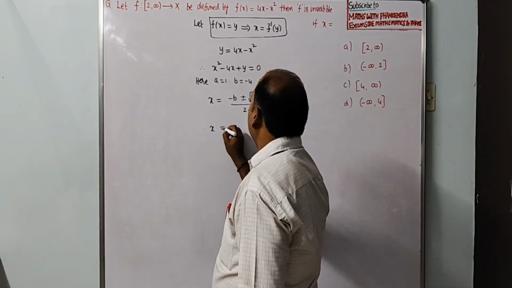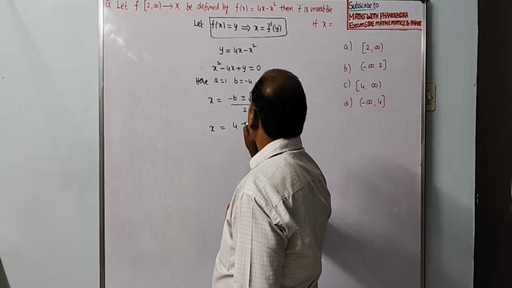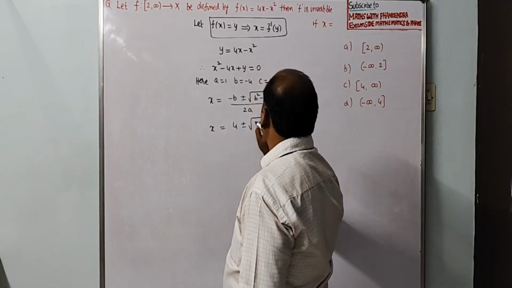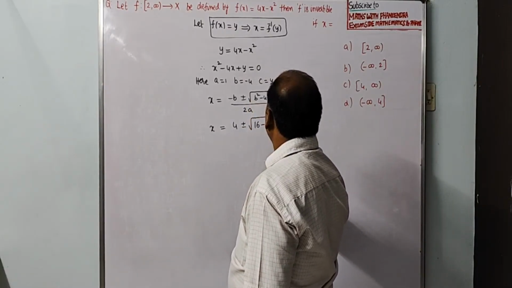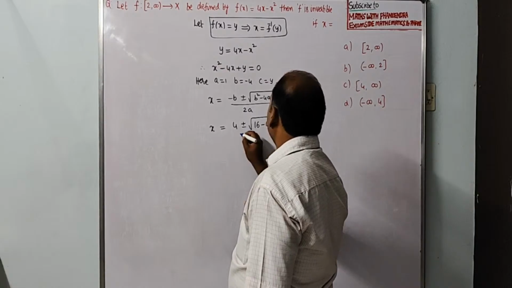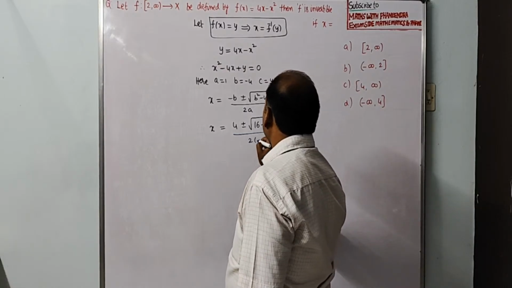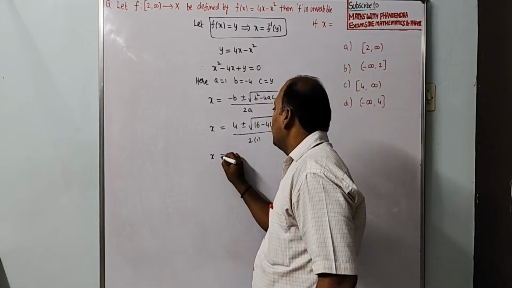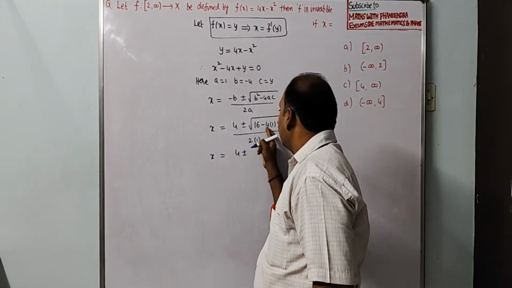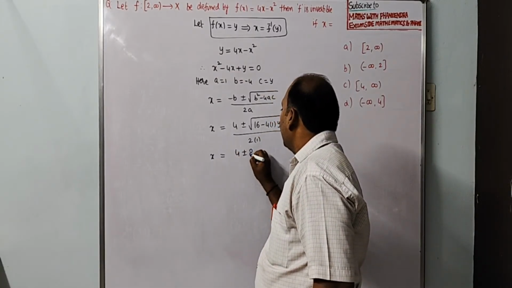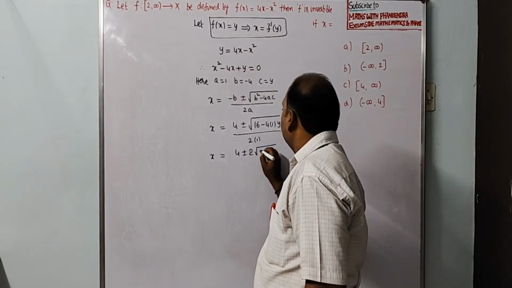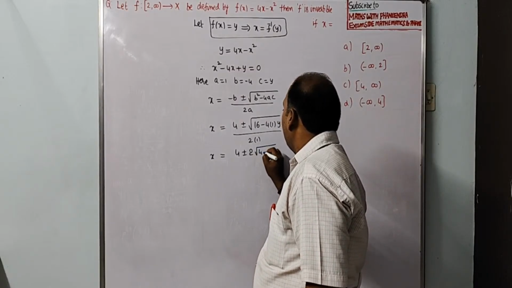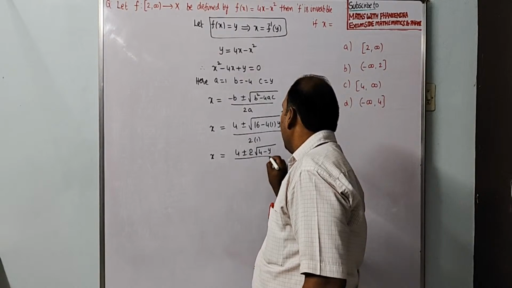So x equal to minus b, meaning 4, plus or minus root of b squared 16 minus 4 into 1 into y, by 2a, 2 into 1. So x equal to 4 plus or minus 2 root of 4 minus y, by 2.